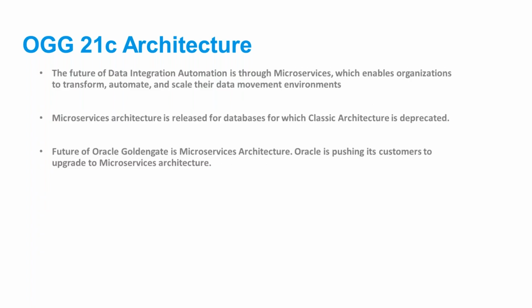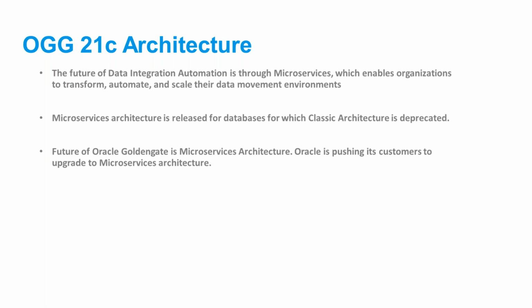Now the thing is, the future of data integration automation is through microservices, which enables organizations to transform, automate, and scale their data movement environments. So microservices architecture is the future of Oracle GoldenGate, and Oracle is pushing its customers to upgrade to microservices architecture from the existing classic architecture.